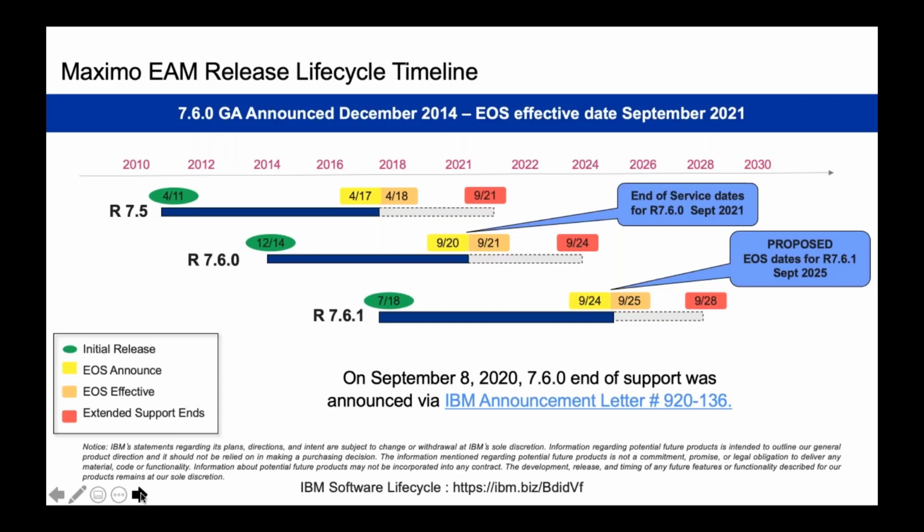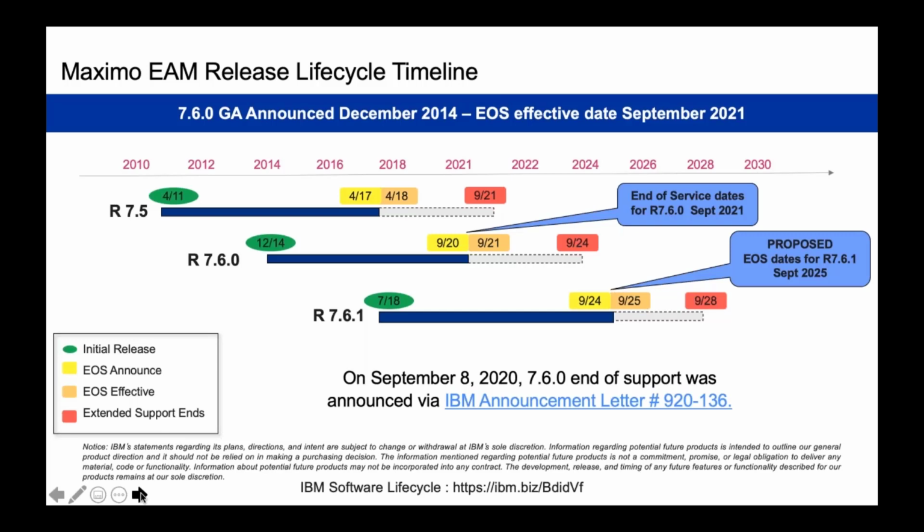And then I also wanted to highlight our support schedule. I do want to give you, our customers, a heads up as to what our support cycle is. Those that are on 7.6.0, hopefully you were aware that we did end support in September of 2021. We announced it way back in 2020, the end of support of the EAM 7.6.0 version.